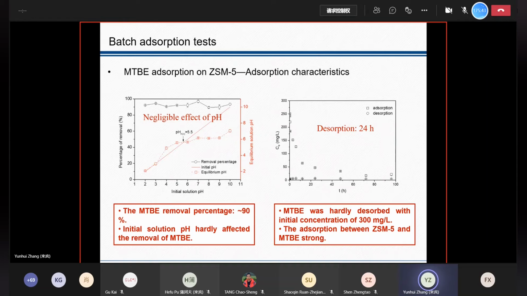And this is beneficial for the practical application of ZSM5, because this makes it conducive to changeable environmental conditions. And the figure on the right shows the desorption characteristics, and it took about 24 hours to approach desorption equilibrium, and the MTBE was hardly desorbed. And this means the adsorption between ZSM5 and MTBE is strong.